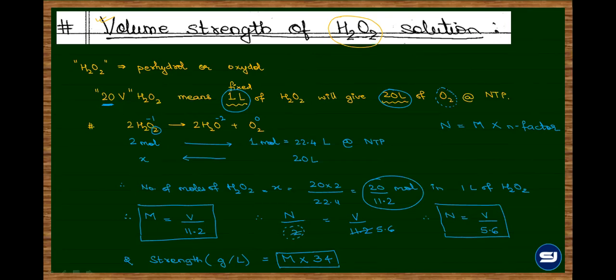We are not relating it with water. So this n factor will be in relation to only the oxygen and not with respect to the water. इसीलिए यहाँ पर ऑक्सीजन के रिलेशन में देखोगे तो -1 to 0 the change is 1 into 2, the number of atoms, that is why we are taking 2.